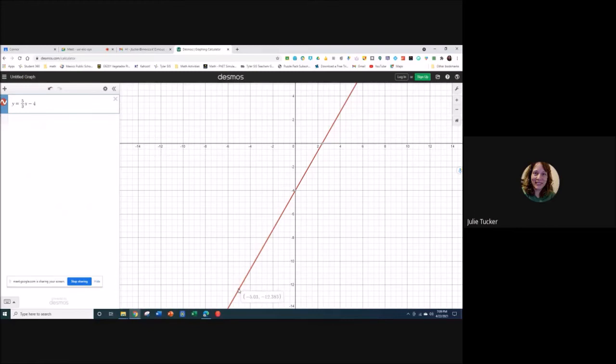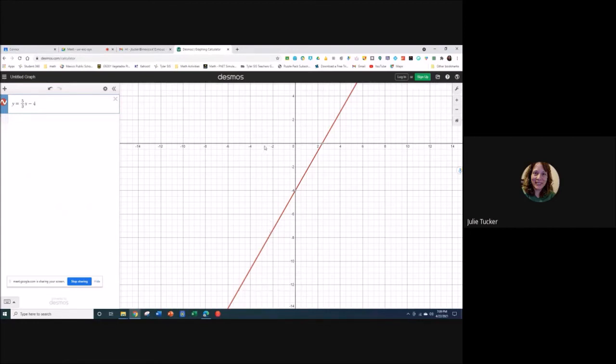So it's saying X is -5, Y is, oops, I'm going too far. Looks like Y is -12 point something. -12.3.